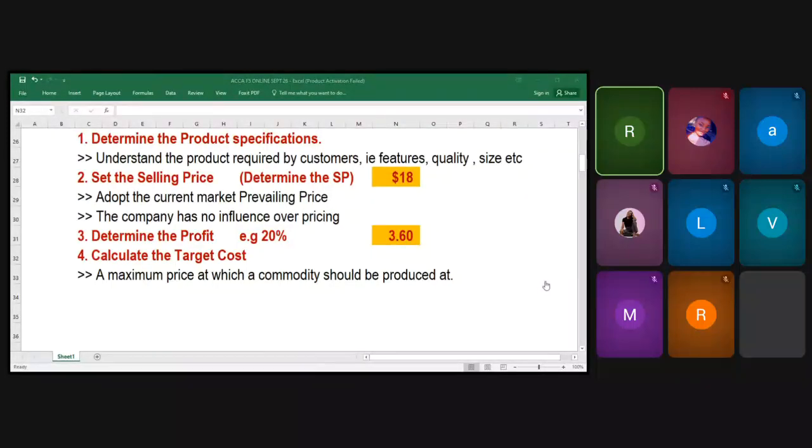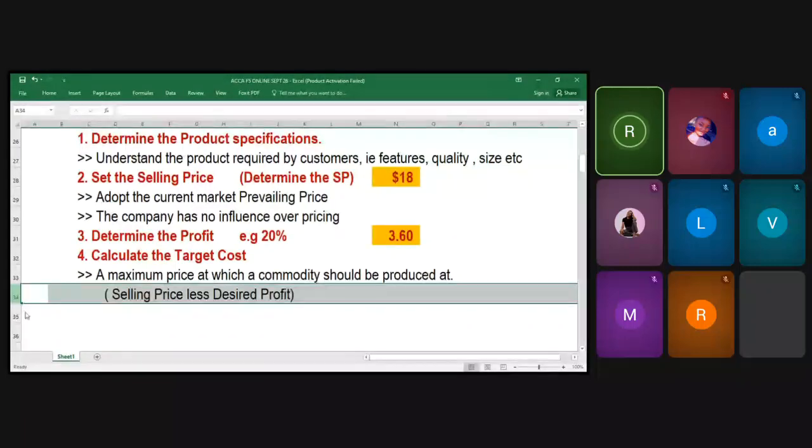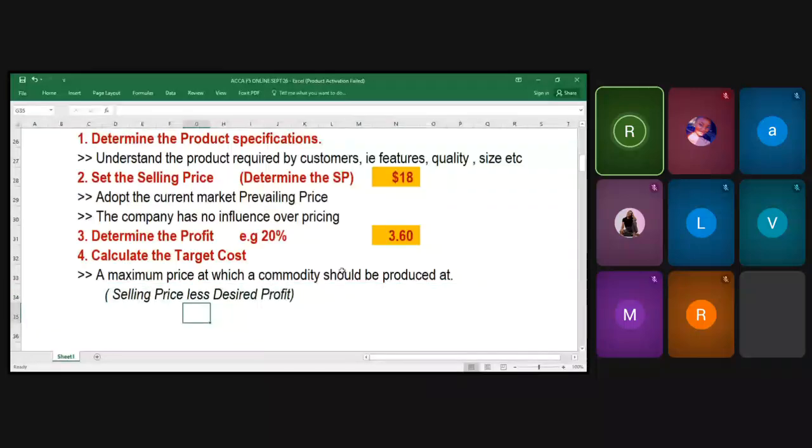All right, target cost. First of all, let us have the formula for calculating the target cost. We are saying selling price minus, less, desired profit. That is the target cost. Selling price minus your desired profit becomes your target cost.